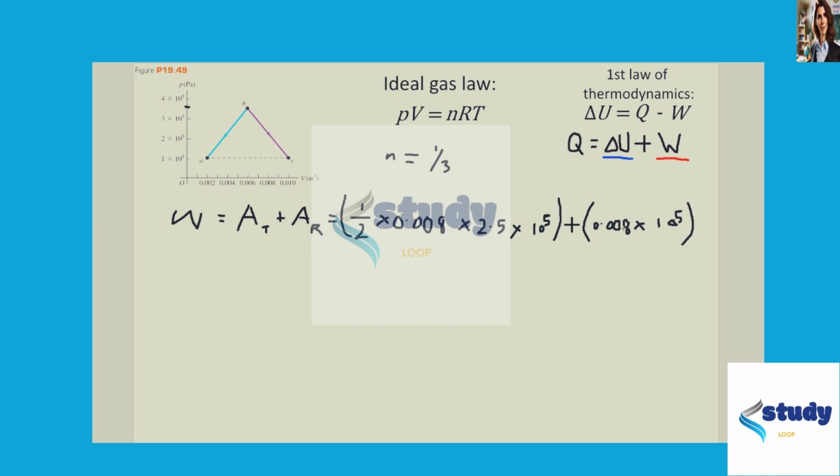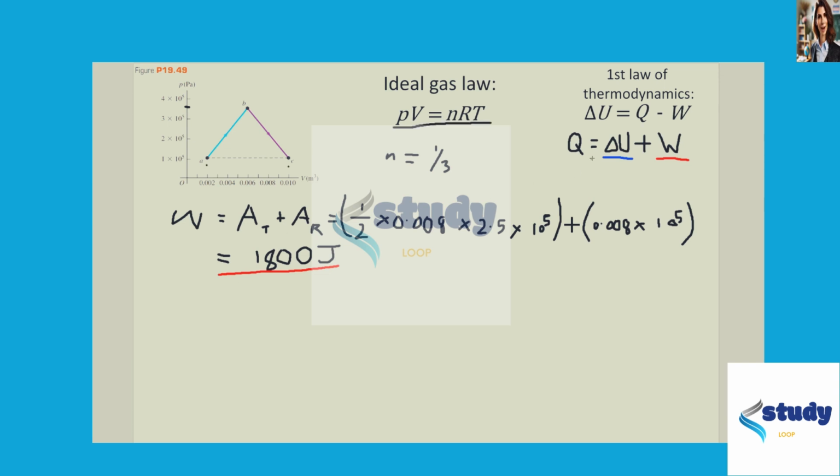Sorry, it's 0.008 meters cubed. That's why you remember your units. So that will be equal to, if you put it into a calculator, 1,800 joules. So we have our value for the work done W, so let's simply underline that there.